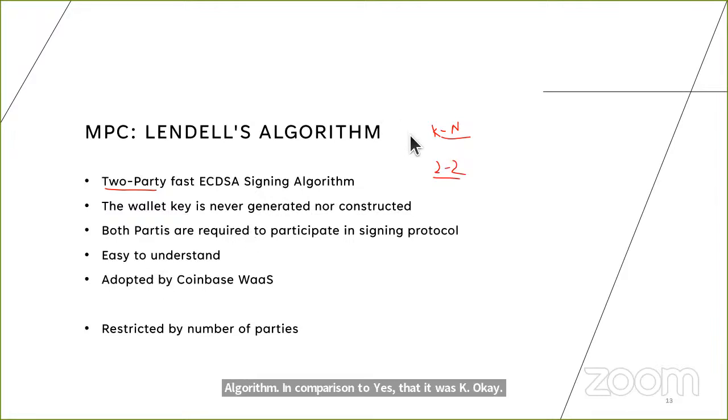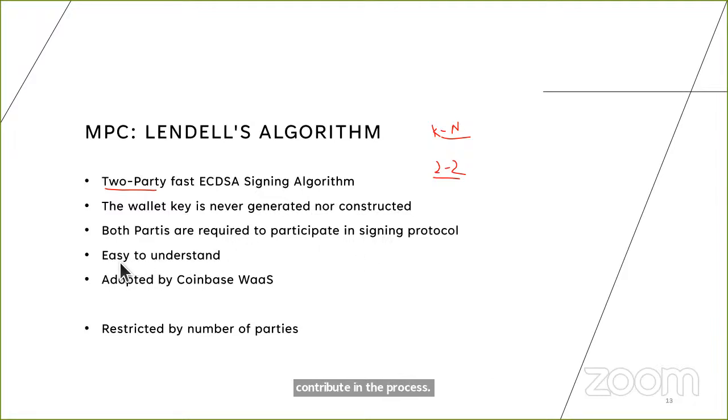In VSS, we had some flexibility in the number of active parties that can produce the signature. But in Lindell's algorithm, both parties must contribute in the process to sign a message.